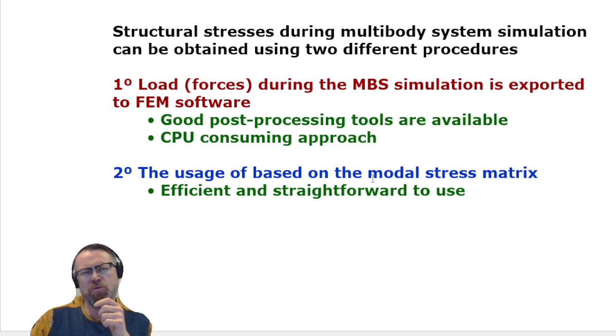This modal stress matrix is basically the package that tells you how the nodal displacements are related to strains, and then how the strains are related to stresses, which is typically just a matter of the modulus of elasticity, how that can be conducted. This is super efficient, straightforward to use, but the problem is that it's not necessarily available in all the multi-body software that you might need to use in the future.